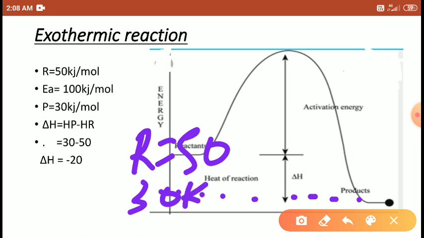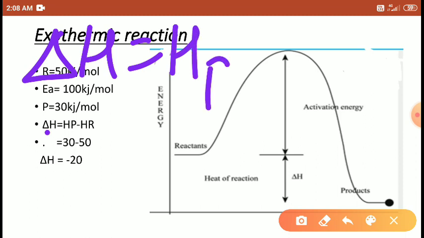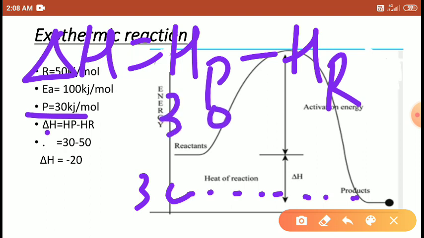One more thing. Here the reactant particle has 50 kilojoule energy and the product has 30 kilojoule energy. So delta H, the change in enthalpy, is equal to enthalpy of product minus enthalpy of reactant. The product enthalpy is only 30, and the reactant is 50, so minus 50.